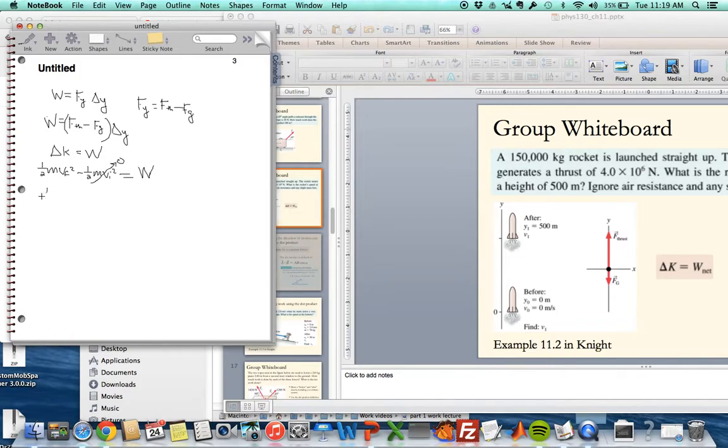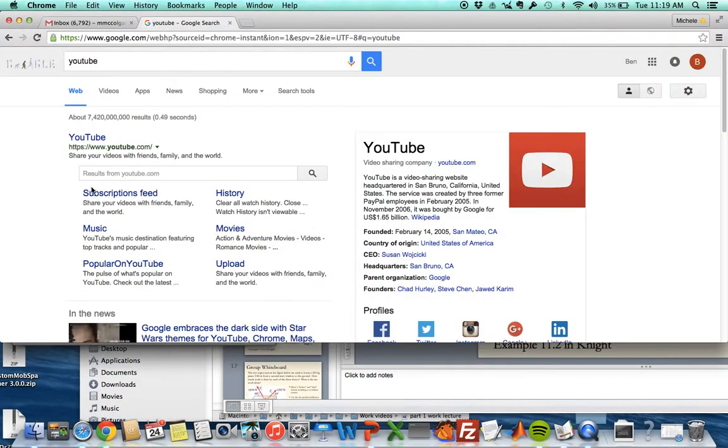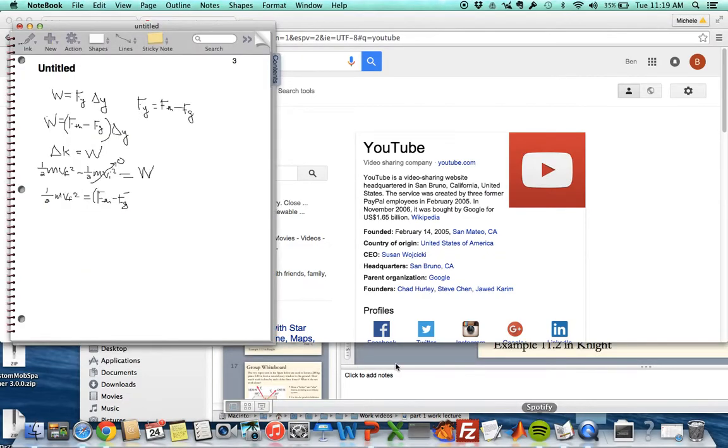And so I'm just left with 1/2 m v final squared is equal to F thrust minus Fg, times delta y.